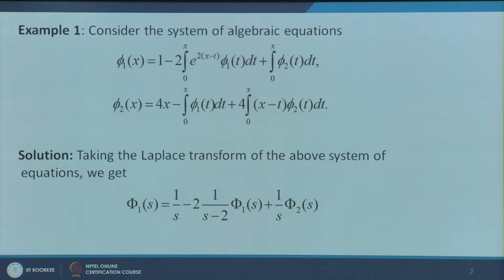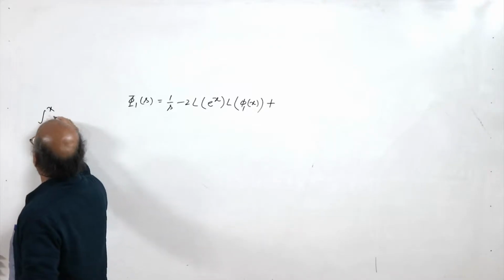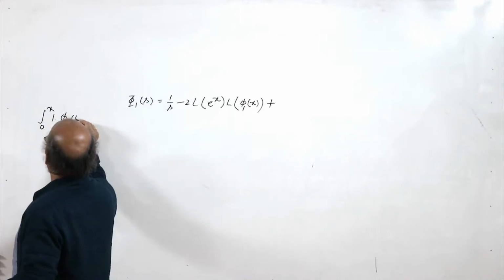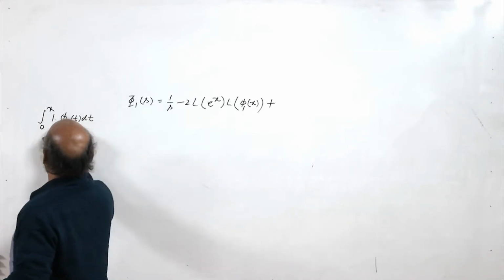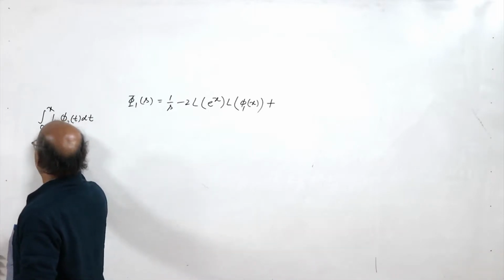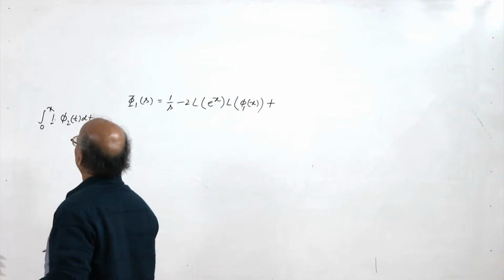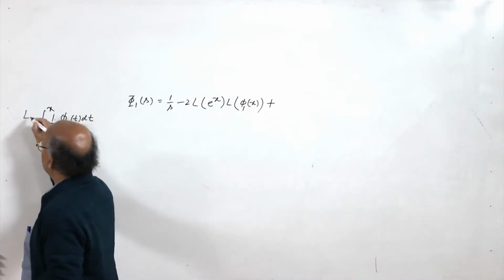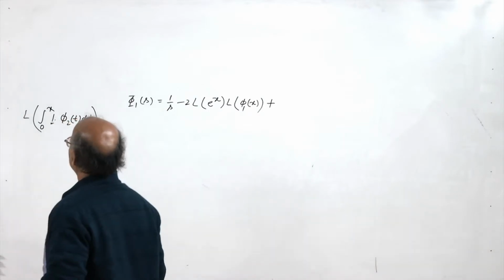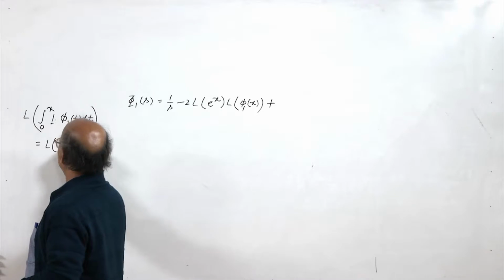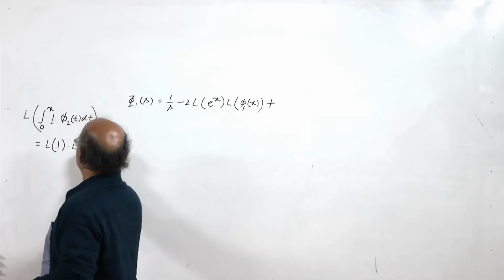We can write it as integral 0 to x 1 into phi 2 t dt, where one function is taken as the function 1. So, the Laplace transform of integral 0 to x 1 into phi 2 t dt is Laplace transform of 1 into Laplace transform of phi 2 x.